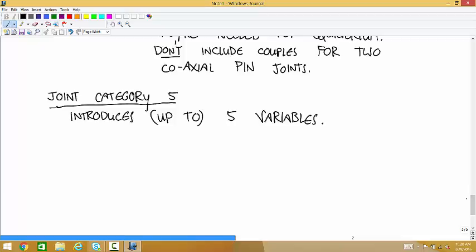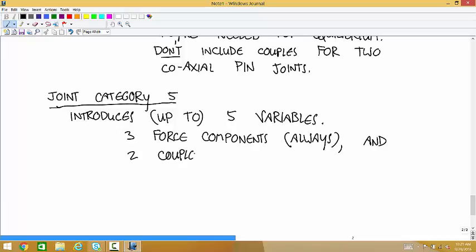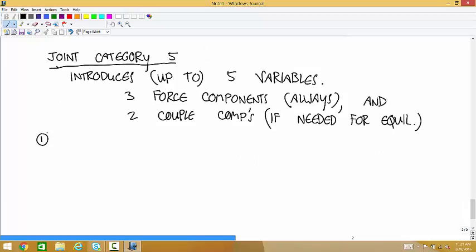And these 5 variables are 3 force components always, and 2 couple components if they're needed for equilibrium. And the type of joint in this category is a pin with thrust.